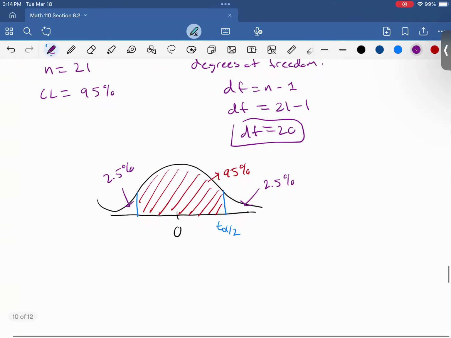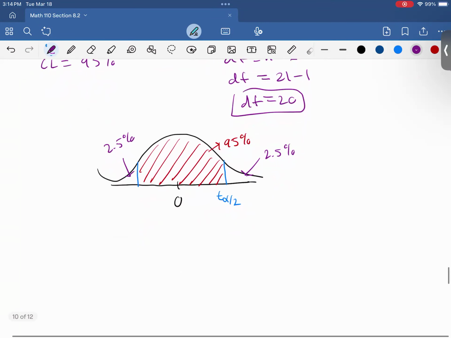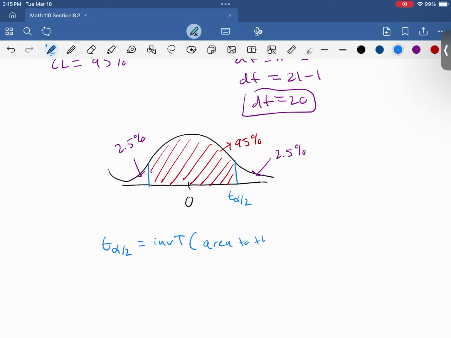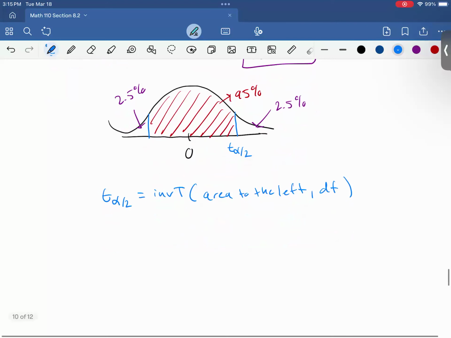So when we try to find a t-score for any critical value in that sense, what we need to do is set it up as our t-score equals. And since we're using a t-distribution, we need to use inverse t. And it will be area to the left and degrees of freedom. So what's our area to the left?